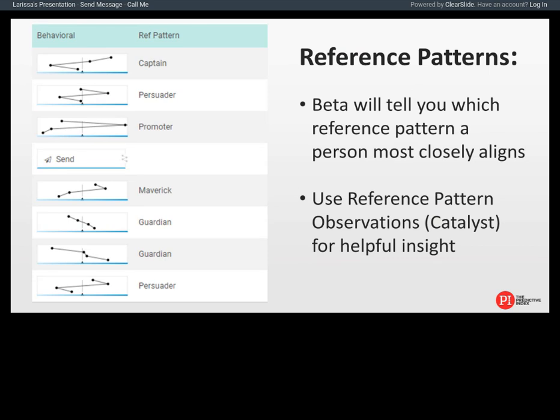One thing that they've added that I think is really great is they've put the reference pattern name in so you guys don't have to figure it out anymore. So if you look at that second one down there, that's actually the example I gave you before, and that's a persuader. That way you then know which one it is to go look up information on.